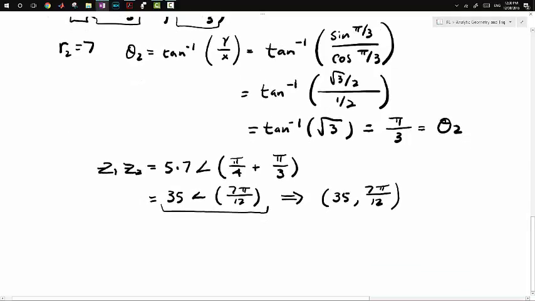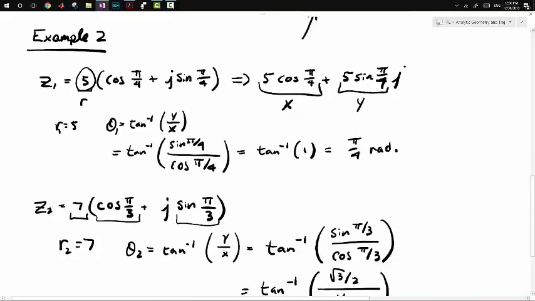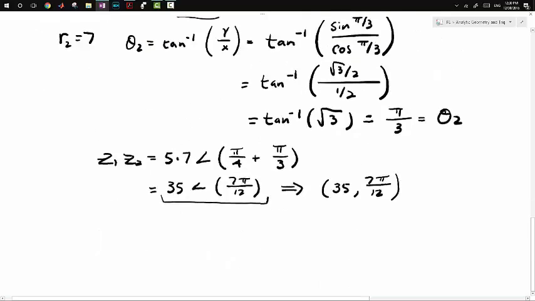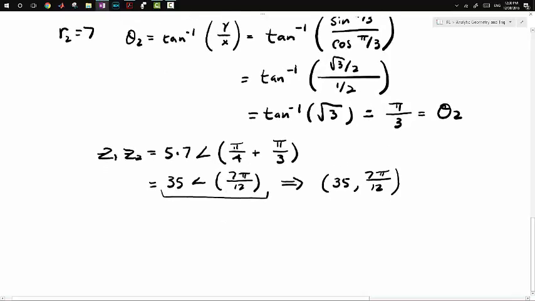And in order to check to see if this answer lines up with our first answer here, what we can do, we know that x is equal to r cosine theta. So our r here is 35. This is our theta. So x is 35 times cosine of 7 pi over 12.